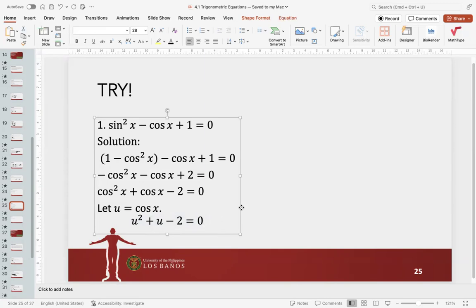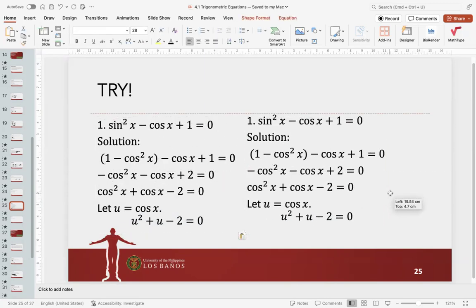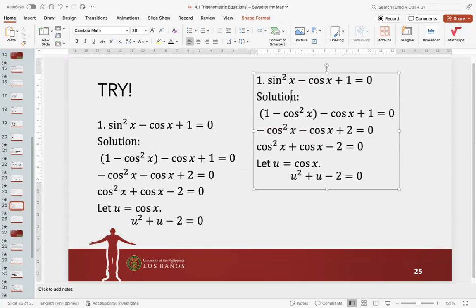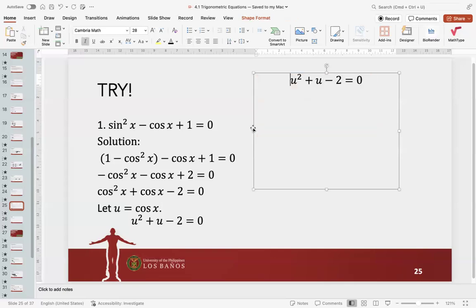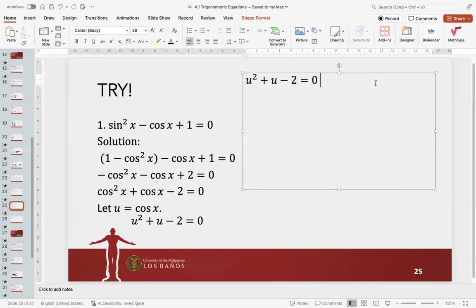All right? So let's now try to simplify that. Let's just raise this above, just in case our solution will be quite long. All right? So now let's try to solve this.